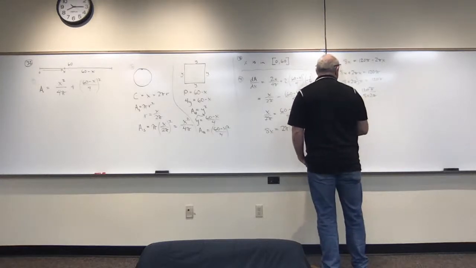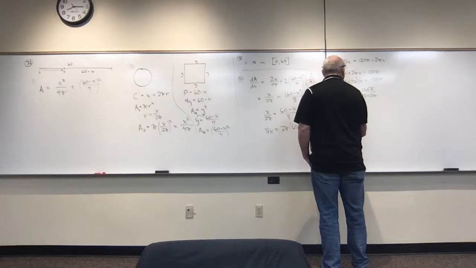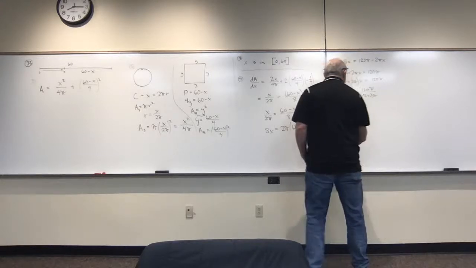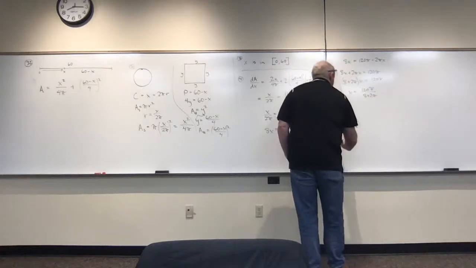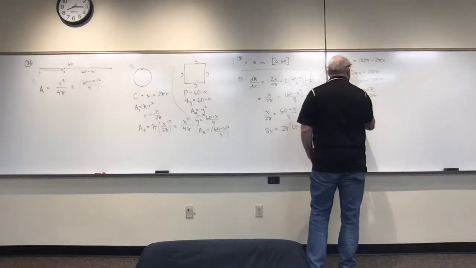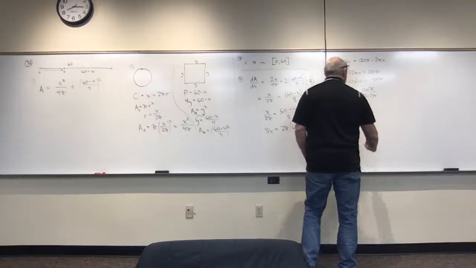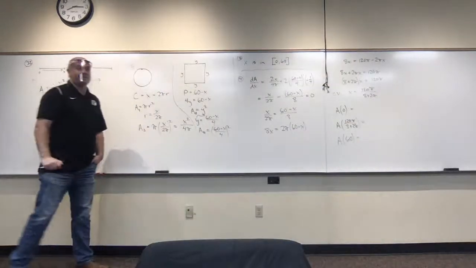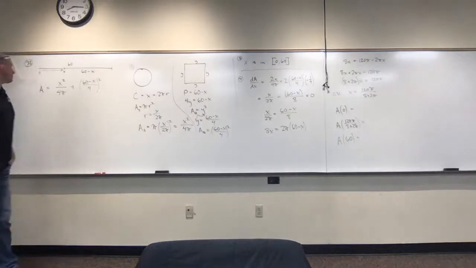Because that's one of the endpoints. What's the area A if x is equal to 120 pi over 8 plus 2 pi? And then finally, what's the area if x is equal to 60? And plug those in, and then see which one is going to be the biggest and which one is going to be the smallest.